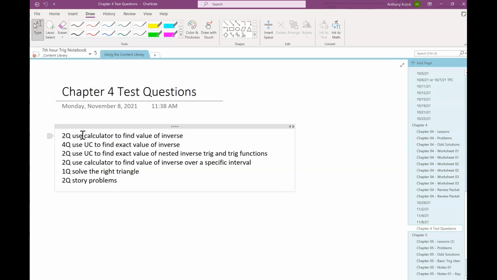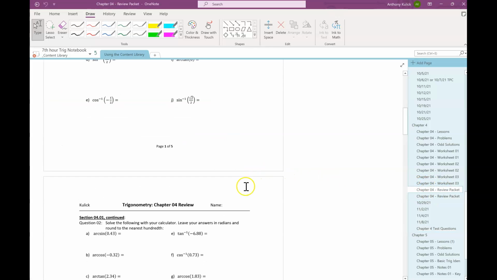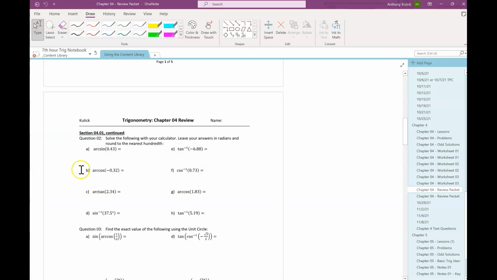Just in case. It's basically like these ones on question 2 from the review, where all you had to really do was type those guys into your calculator and write down the number afterwards. If it gave you a number; some of them are undefined because they're nonsense. Is that cool? Okay.